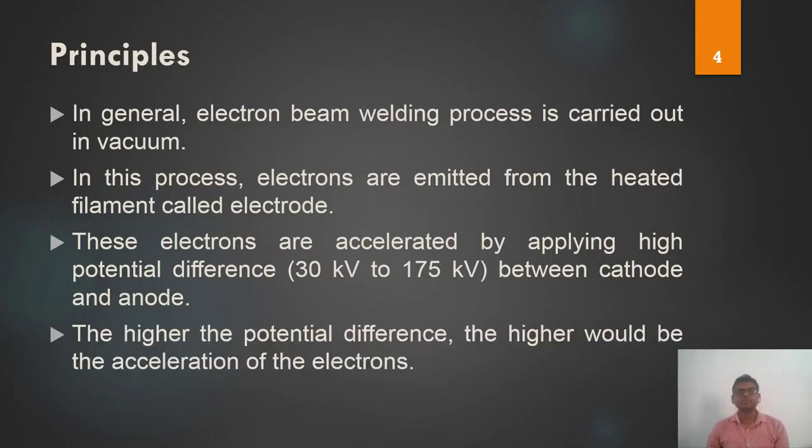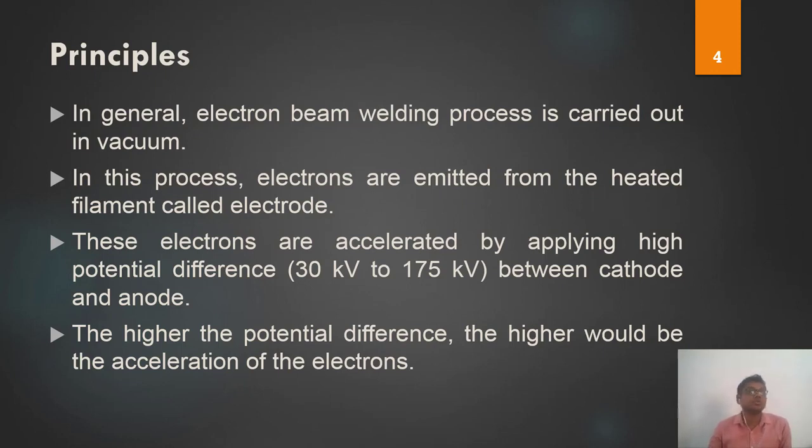If you increase the potential difference, obviously the acceleration will be higher. And how much speed does it gain? Up to 70% of the speed of light, which is 3 into 10 to the power 8 meter per second.